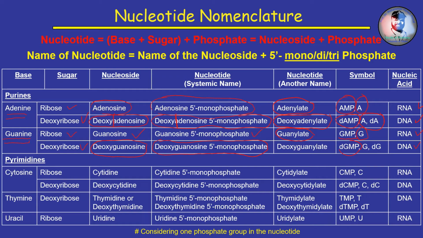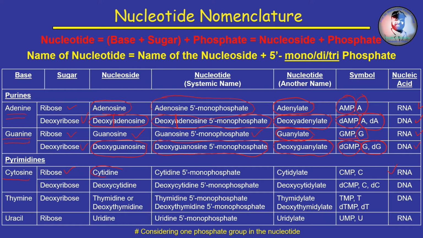This nucleotide has other symbols, that is G and dG, which are used to write the sequence of a DNA chain. Guanine-containing DNA's nucleotide has another name, which is deoxyguanylate.